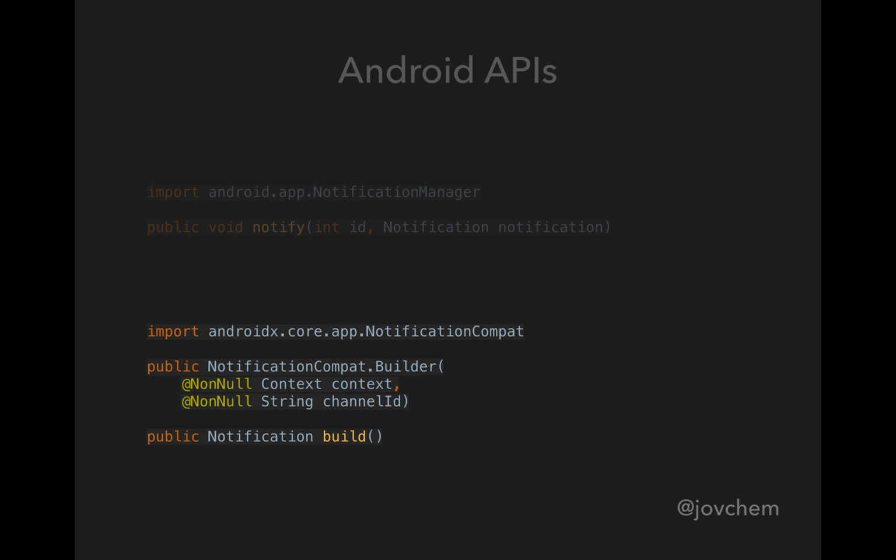And NotificationCompat.Builder, there is a static class inside the NotificationCompat, whose constructor takes context and channel ID. There is one that takes only context, but it is deprecated. And there is a build function that actually returns the system notification that we are interested in.